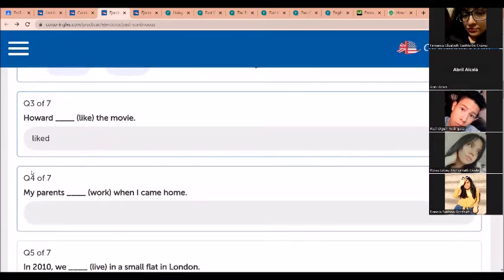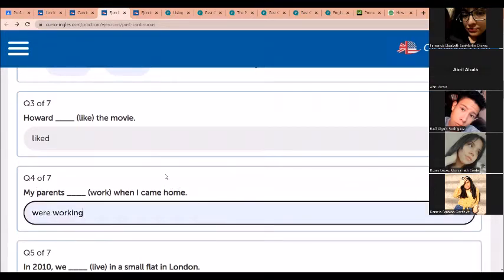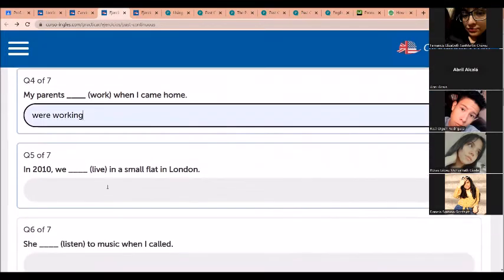Ok, gracias. All right, Raúl, number 4. My parents were working when I came home. Perfect. Monse Giselle, number 5.